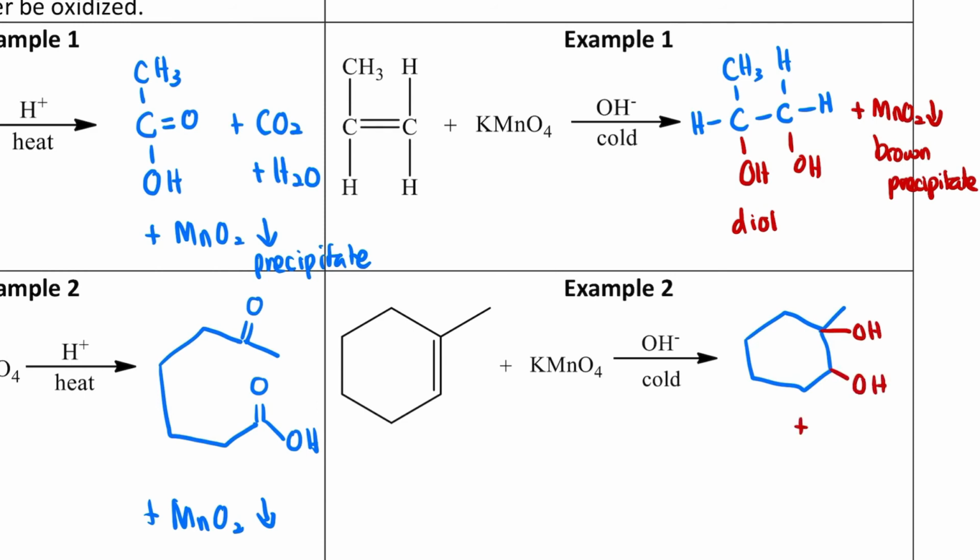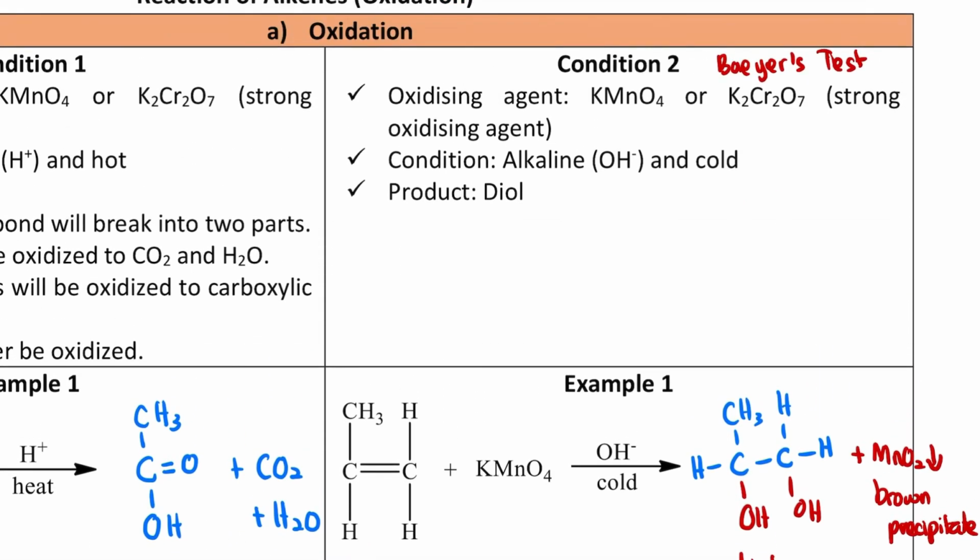So this is diol and then obviously kita akan produce MnO2 juga, which is a brown precipitate. Okay, so our observation for this one adalah brown precipitate is formed. Alright, so that is condition 2. Okay, beza dengan condition 1.